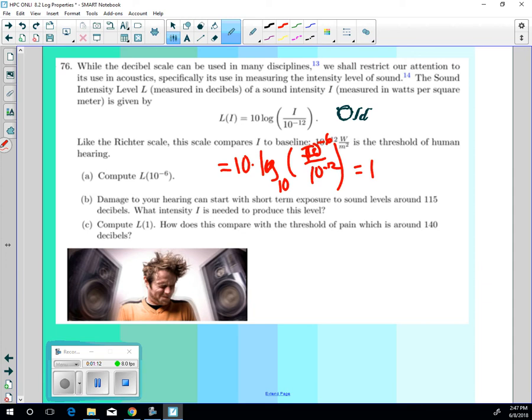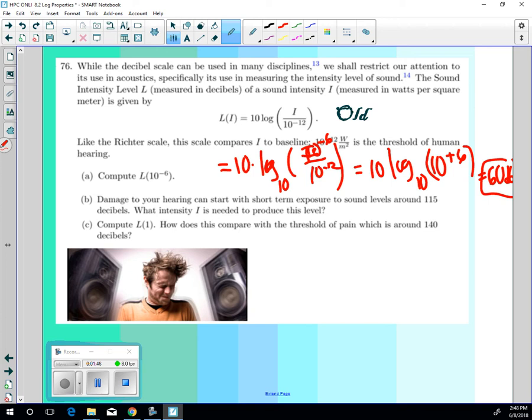And if you notice that 10 to the negative 6 over 10 to the negative 12 is, actually, positive 6. Okay? So when you put this in your calculator, you're going to get 60 decibels. Pretty cool. It's almost like you took the difference and multiplied by 10. That's exactly what you did.